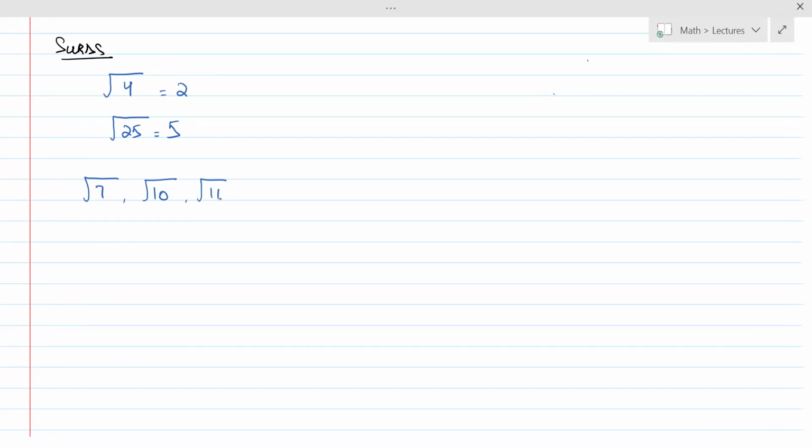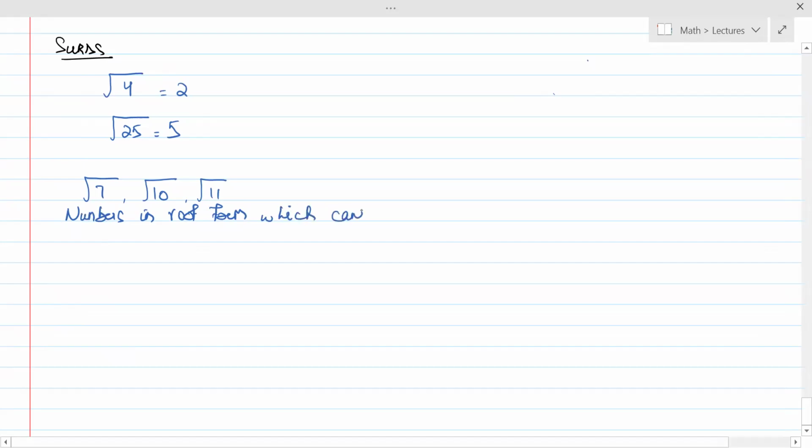So to define surds properly, these are the numbers in root form which cannot be written as rational numbers.